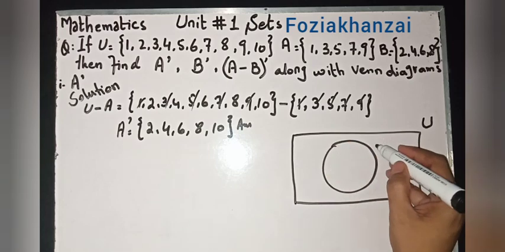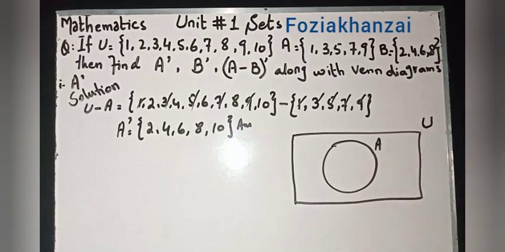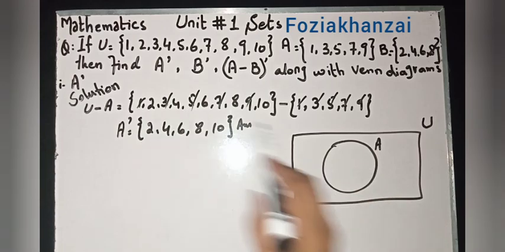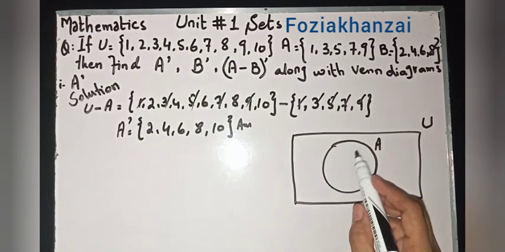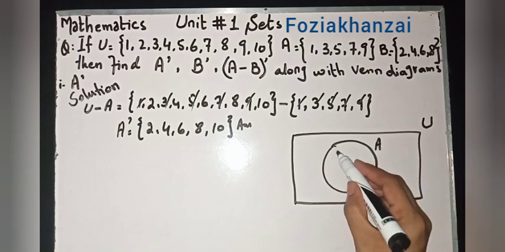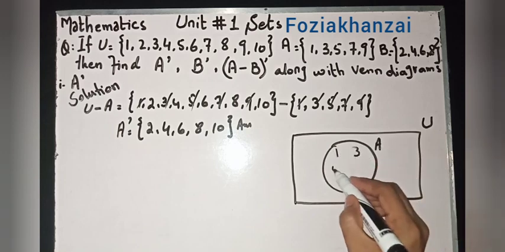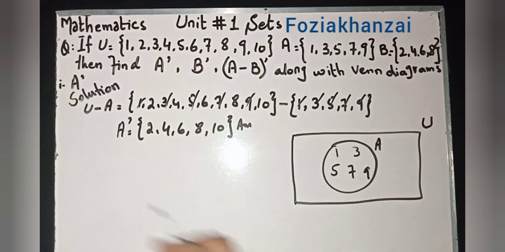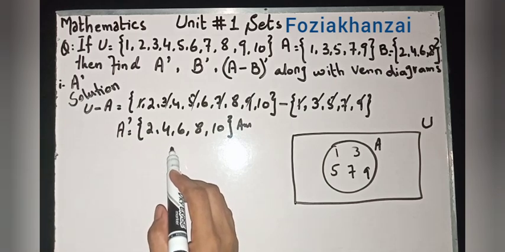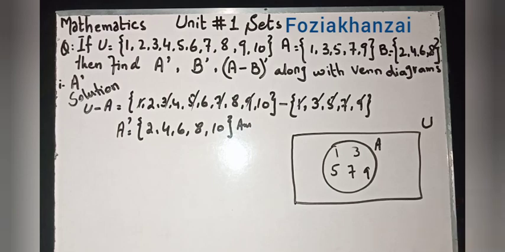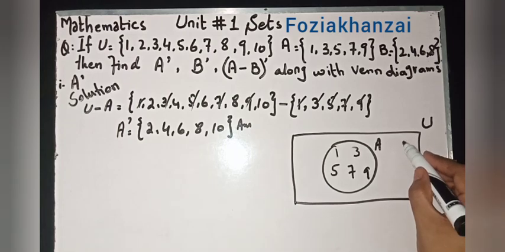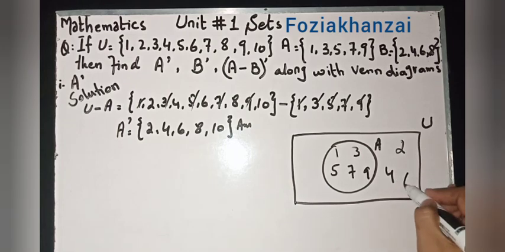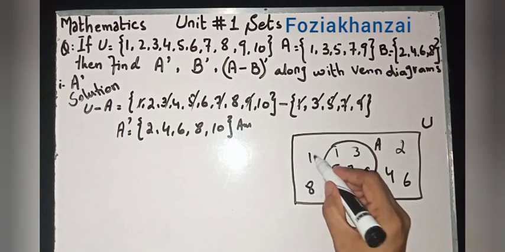This circle represents set A. Inside the circle we write common elements in set U and set A: 1, 3, 5, 7, 9. Okay, now remaining elements of set U, or answer of A complement, both are same. So we write in the rectangle box 2, 4, 6, 8, 10.